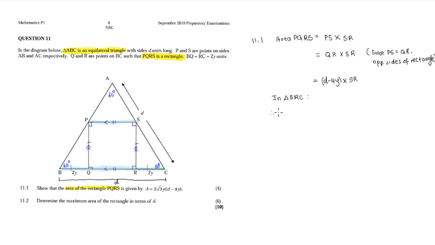So therefore, RC times the tan of 60 degrees is equal to the wanted length of SR. RC is given to you as 2y, and we need that times the tan of 60 degrees. This is equal to the length SR. So therefore, since the tan of 60 degrees is the square root of 3, SR is simply equal to 2 times root 3 times y.